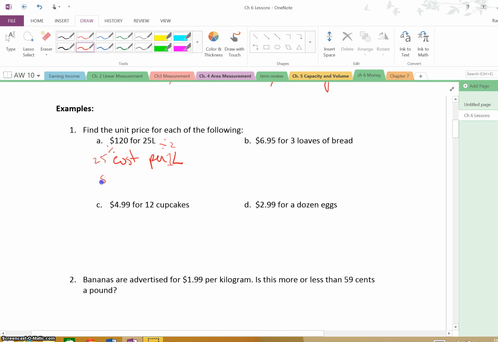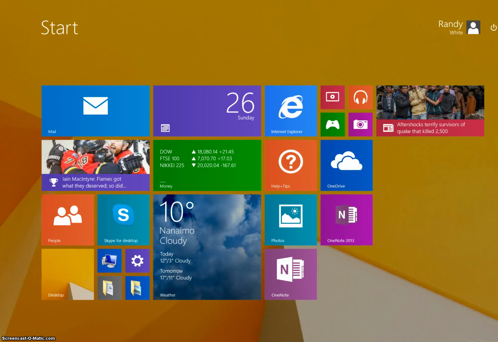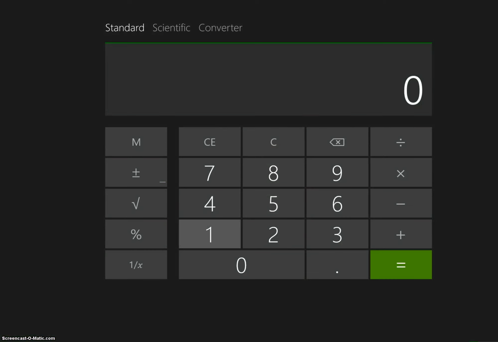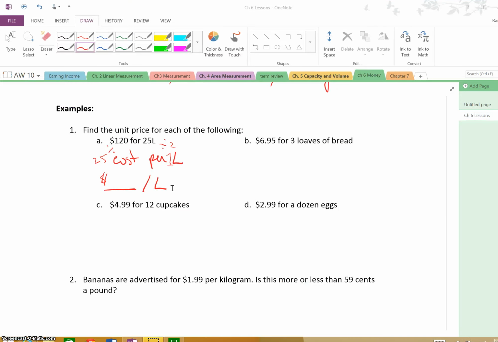The cost per 1 liter, I will take $120 divided by 25, so $4.80 per liter.